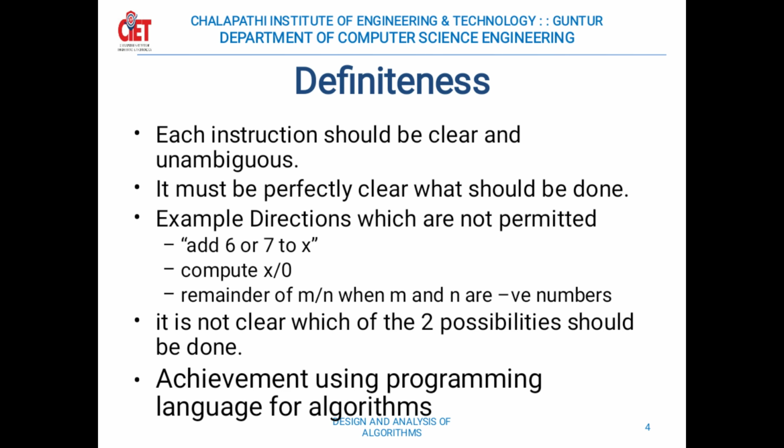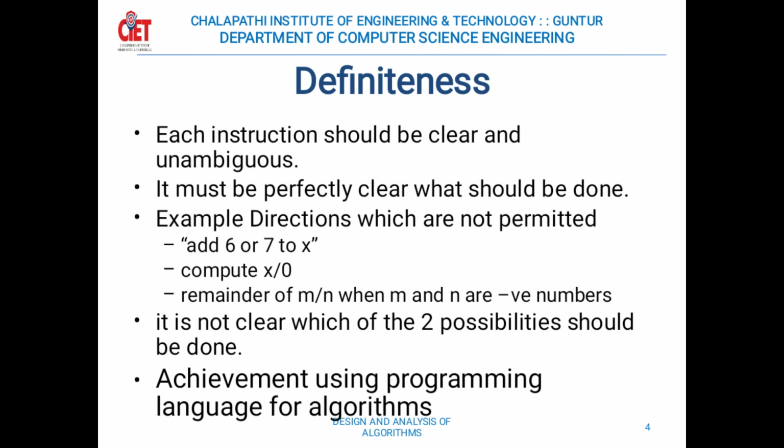Can we add 6 or 7? There is no clarity or specific instruction. Such types of instructions are called ambiguous instructions. So definiteness means avoid such types of instructions.